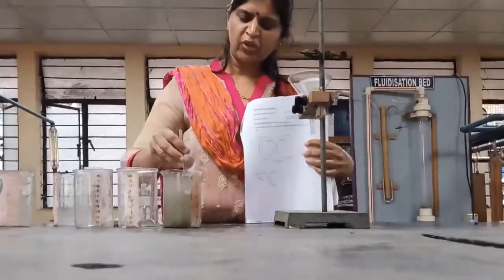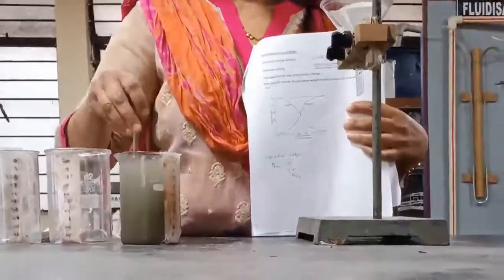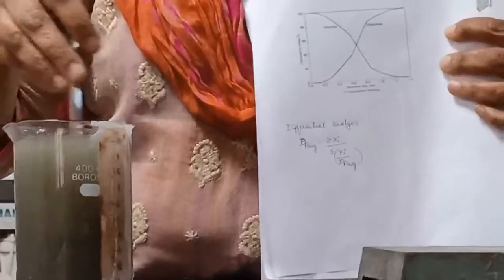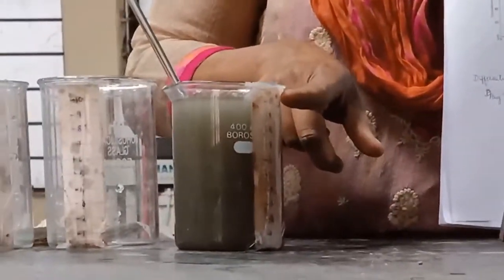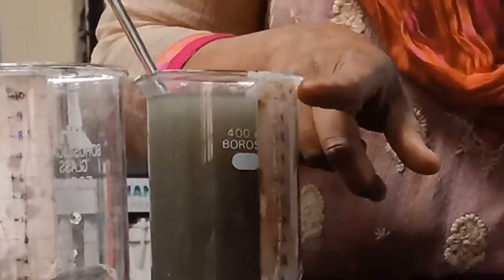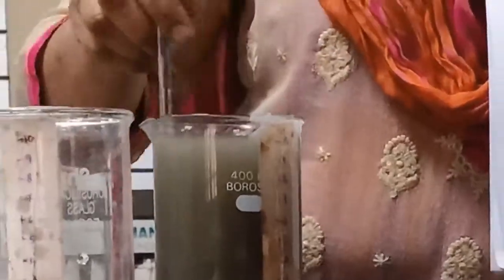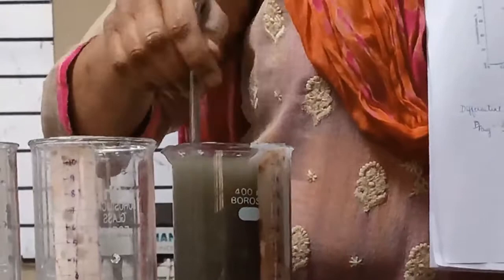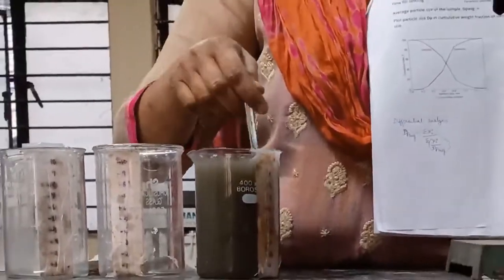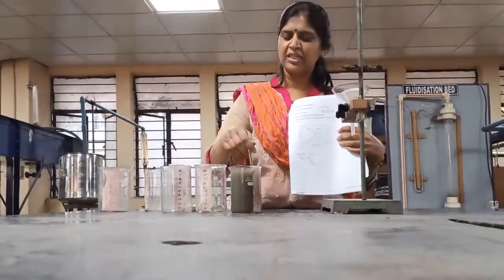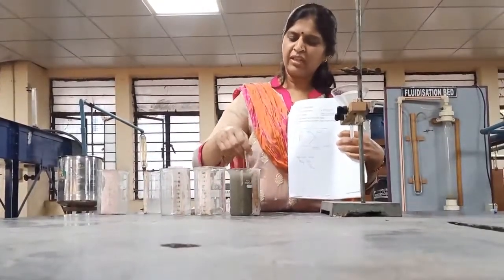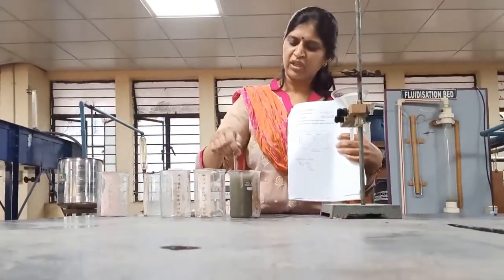You have made up the slurry by adding 5 grams of the sample in a 500 ml beaker, and water is added up to 10 centimeter height of the column. Before allowing the particles to settle for a known amount of time, that is the time of settling you have calculated, you have to stir the suspension.